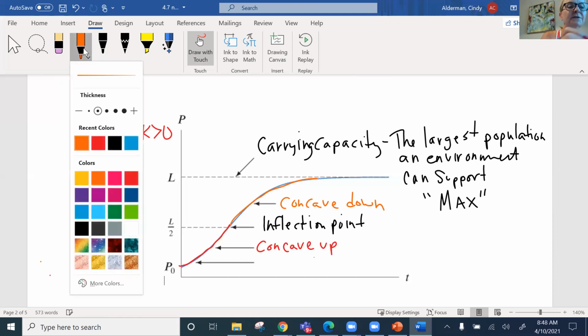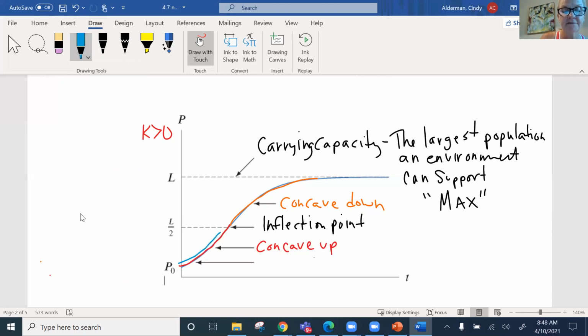And I also wanted to point out to you that this part of the graph here is approximately exponential.